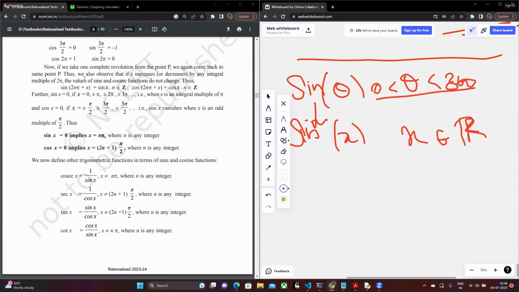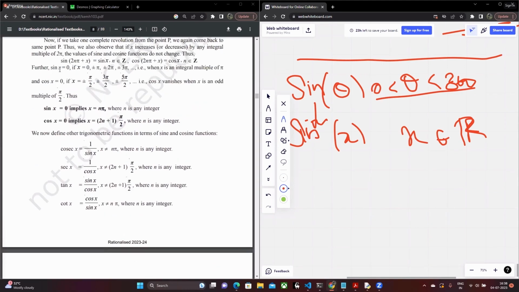This is basically sine of 360 degrees times n plus whatever degrees is sine of whatever degrees. 2 pi is 360, and 360 times whatever plus, say, 45 degrees, then 405 and 765, they are going to have the same sine value, and similarly the same cos value, because 405 degrees is basically 360 plus 45, that's 45 degrees. That's the fact they're using over here.